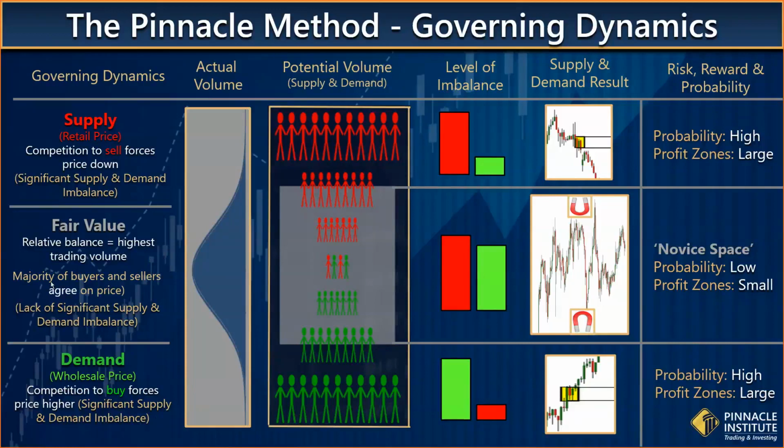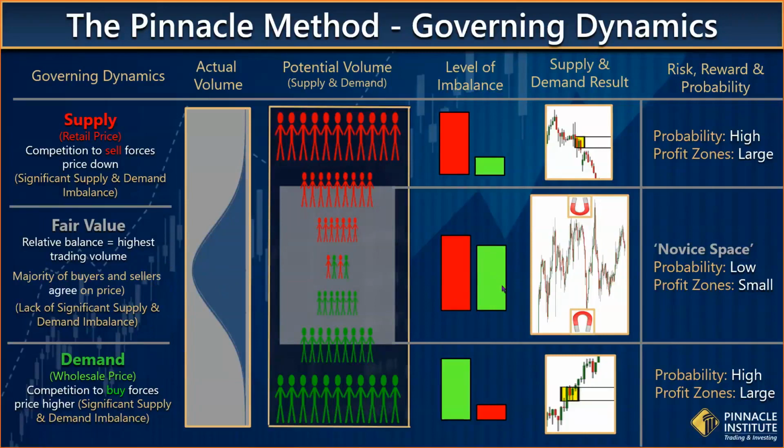Because the majority of buyers and sellers agree to buy and sell here. That's because there's a lack of a significant supply-demand imbalance, where you have huge imbalances out at supply, or down here at demand, where we're interested. You have a lack of those significant imbalances, and that's why so much trading activity happens in the middle. Does everybody understand this so far? Everybody clear?